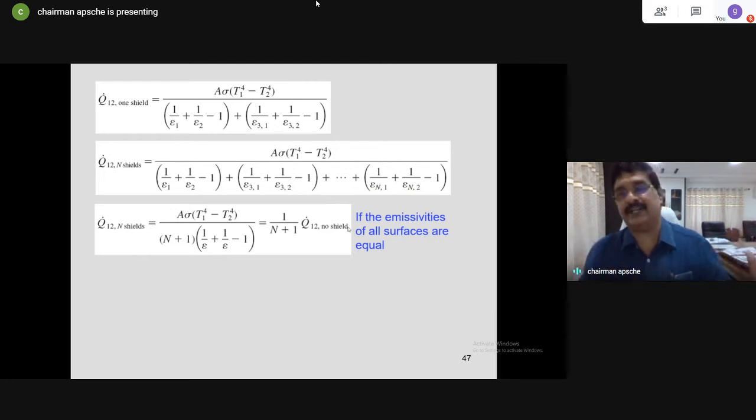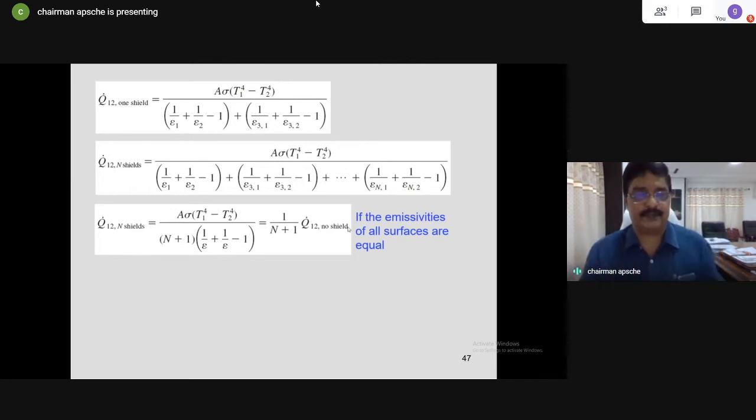That means if you introduce one shield, the radiation exchange that was happening earlier is now 50% of it. So by introducing one shield, you can reduce the heat transfer by 50%, assuming that epsilon 1 equals epsilon 2 equals epsilon 3, the same emissivity surfaces. If two shields are used, n is 2, so it becomes 3.